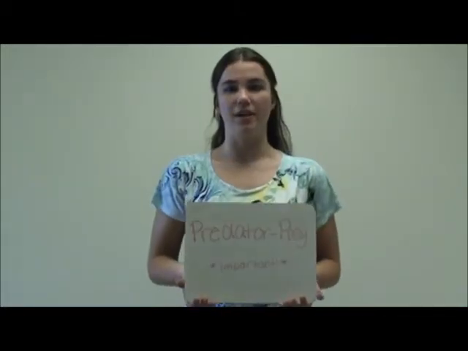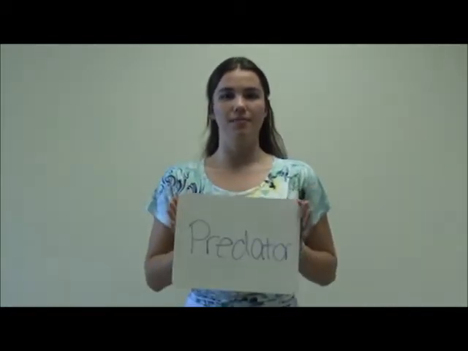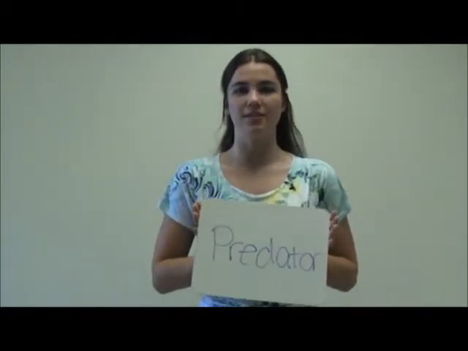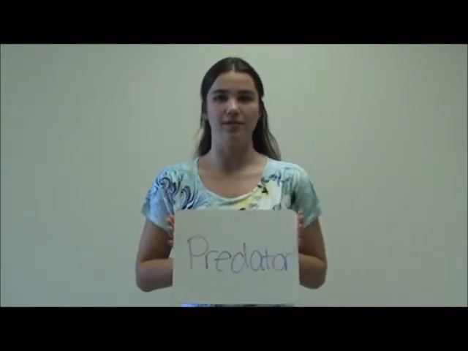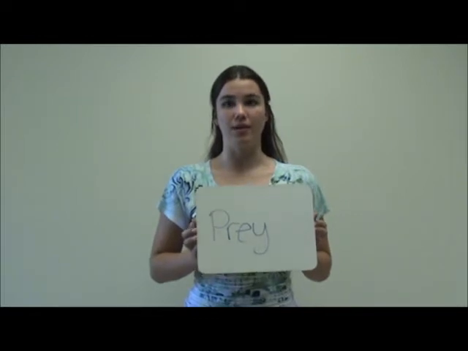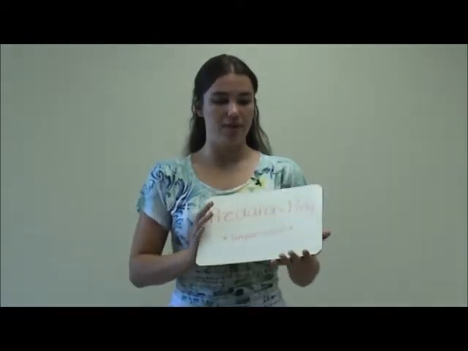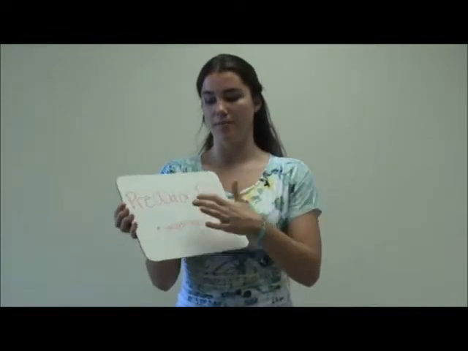The next symbiotic relationship is the predator-prey relationship. A predator is an organism that gets its nutrients by killing other organisms. Prey are organisms that get killed and eaten by other organisms, also known as predators. So, predator-prey relationships are relationships in which one organism, the prey, gets eaten by another, the predator.